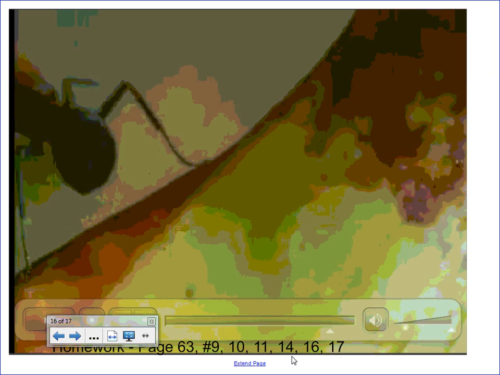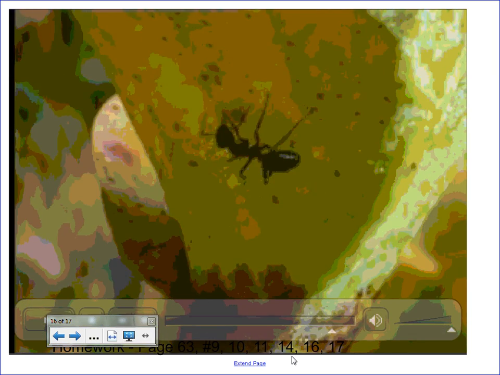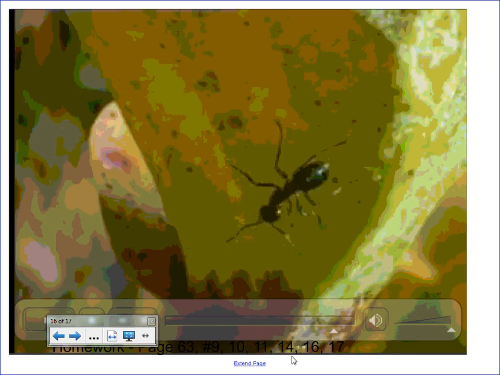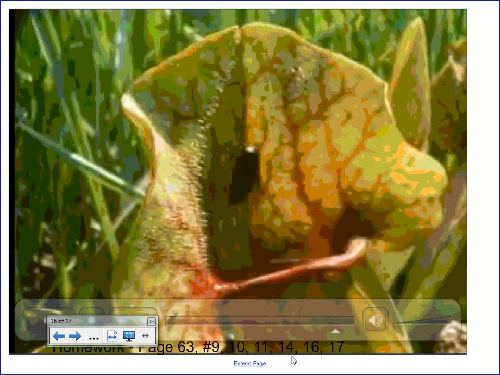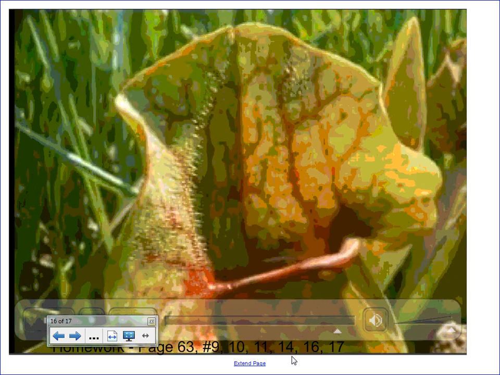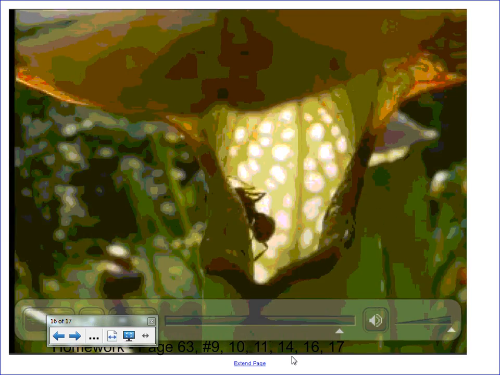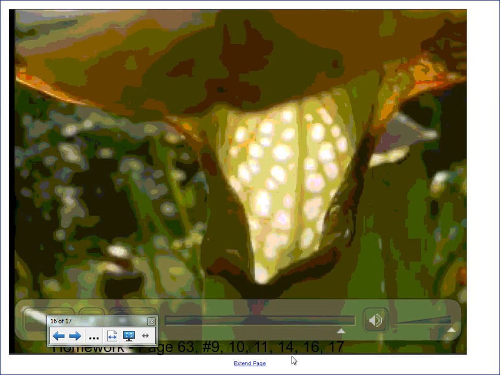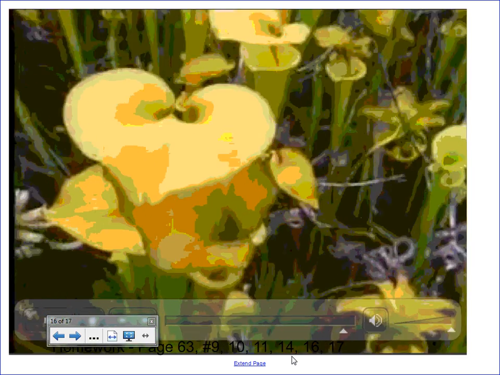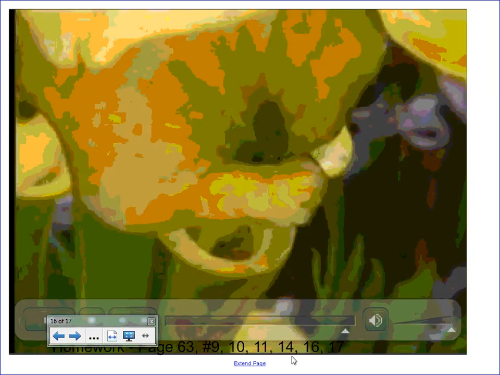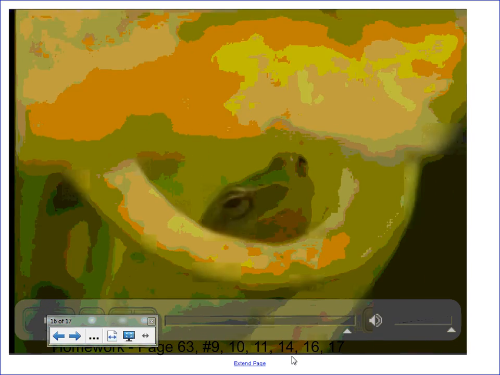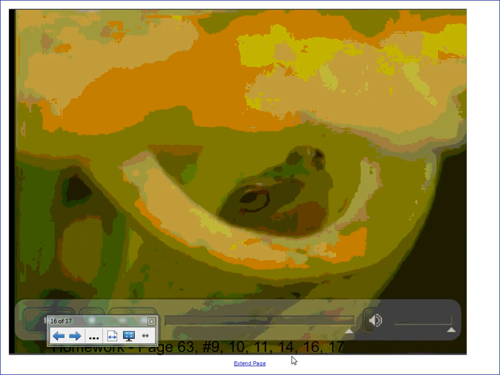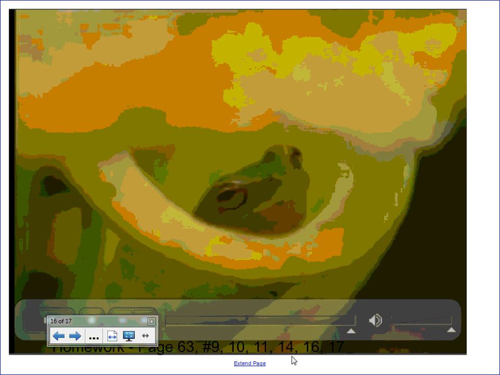And where one ant goes, others are likely to follow. The marsh pitcher attracts other animals too. This frog may be hoping to eat some of the insects before the pitcher does, but if it loses its footing, the plant will eat it.